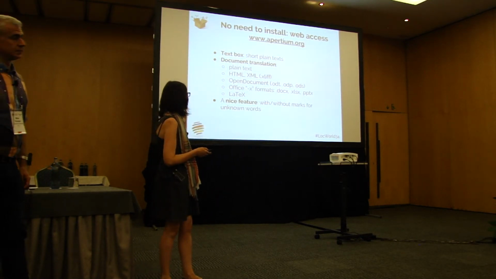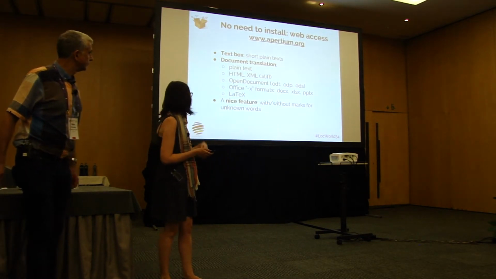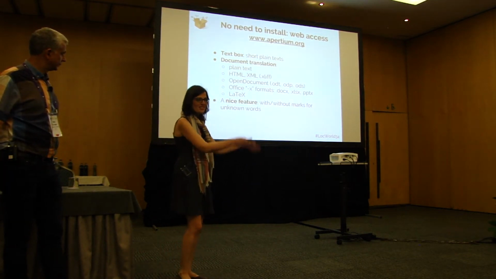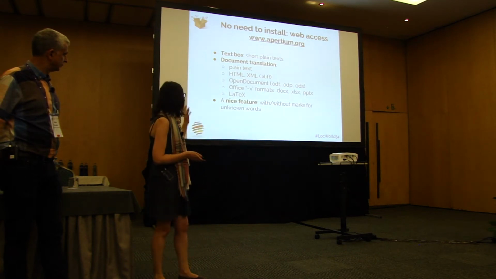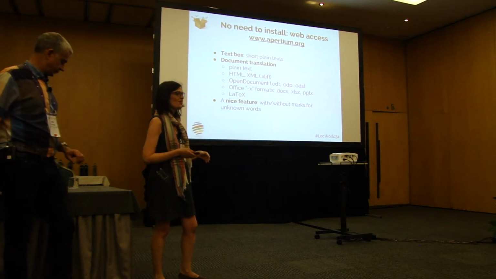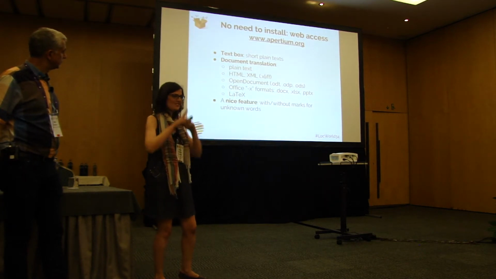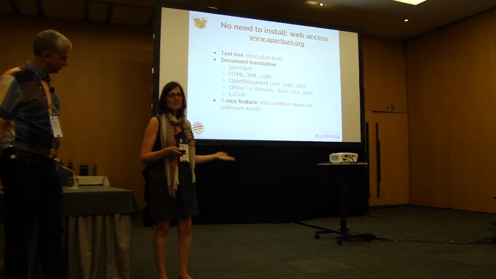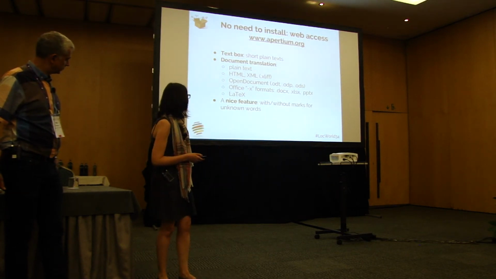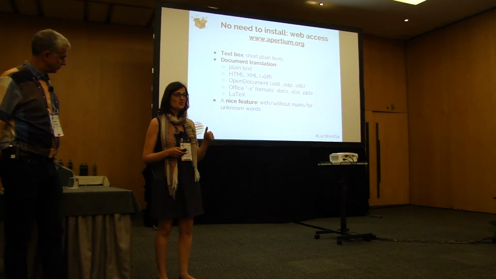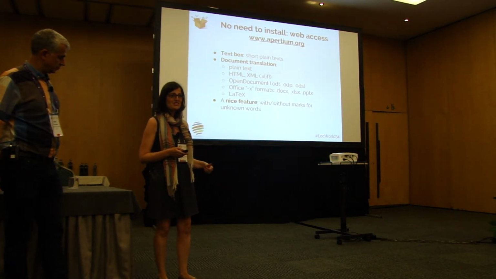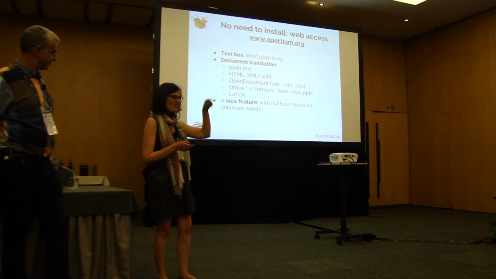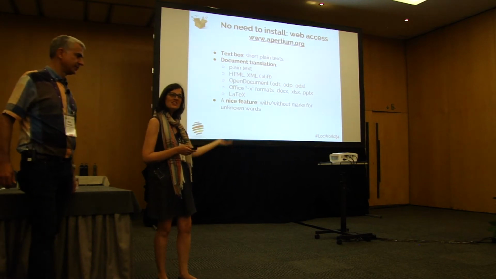We support a variety of documents: plain text, XML-based, all that you can have for documents, presentations, and spreadsheets in LibreOffice or OpenOffice, and also in Office XML format. So you can use Apertium to translate a whole document. And there's a nice feature to tell the machine translation system that you want to see which words remained untranslated. We mark them with a star, so for unknown words it's very easy to diagnose.